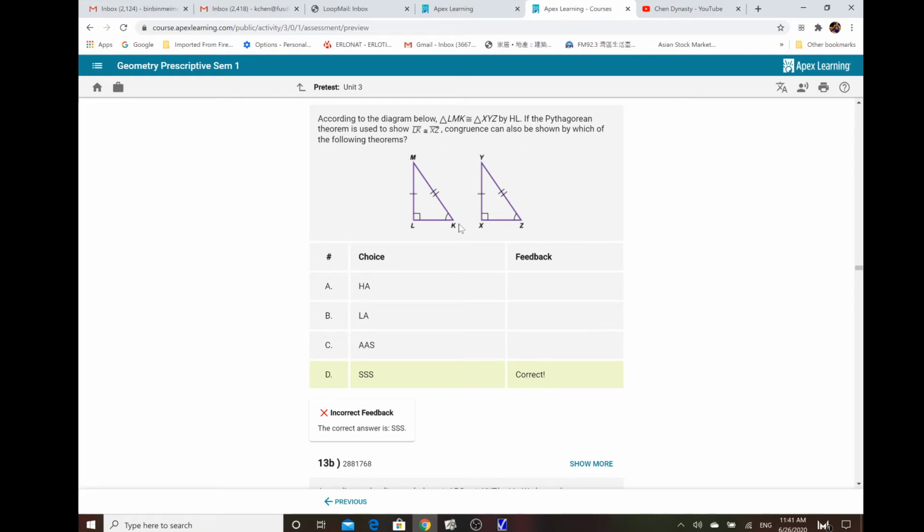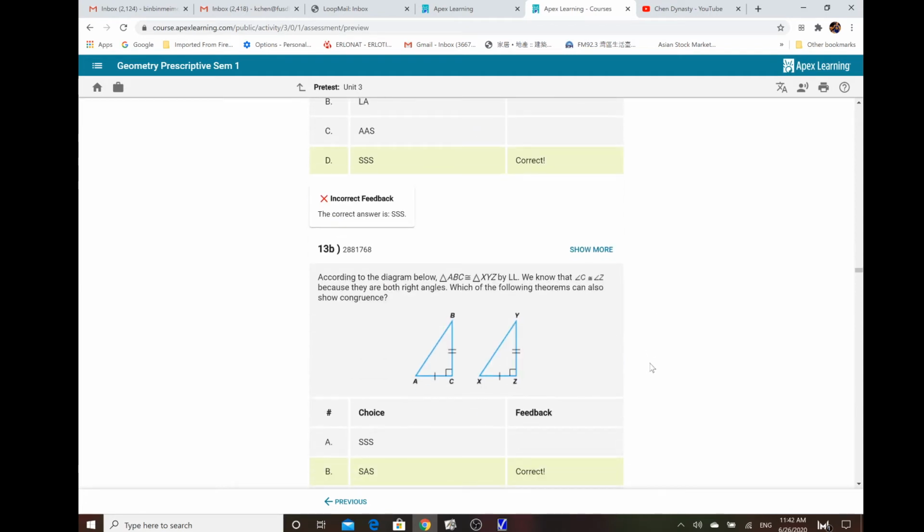Since we know that LK is the same as XZ, for those two line segments, this one can be proved by using SSS. So you probably want to put a triple tick mark here, showing that they're both congruent. Okay, so SSS.